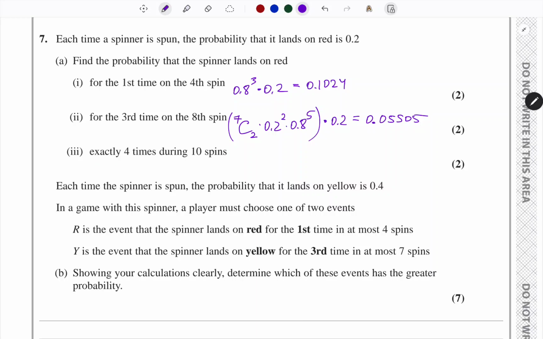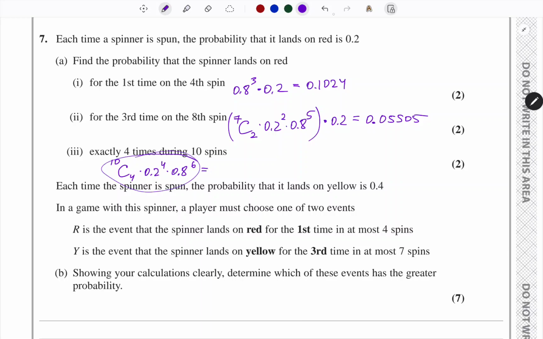So exactly 4 times during 10 spins. It's again a negative binomial distribution from the first. Oh no, it's not. It's a binomial distribution. Yeah, because the number of spins is given, exactly 4 times. It's binomial distribution. From 10 attempts, 4 must be successful with no further conditions. 0.2 to the power of 4, 0.8 to the power of 6.